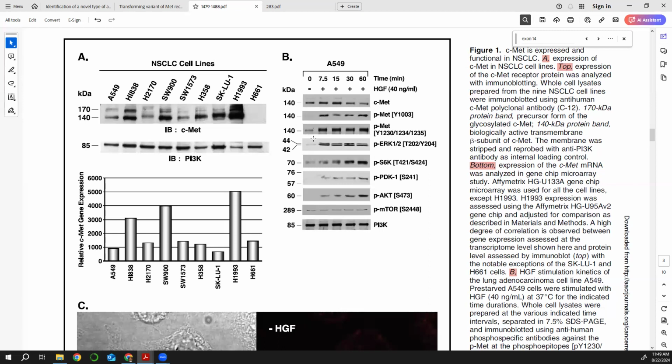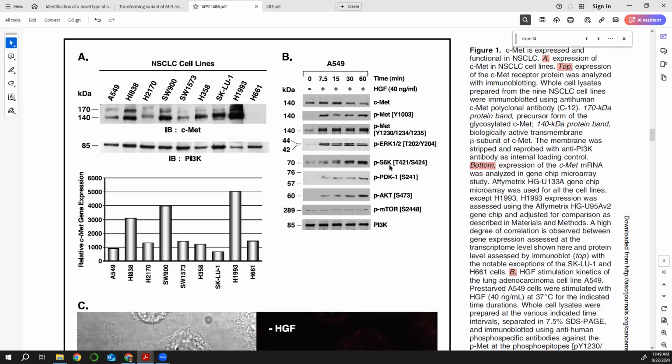What we notice with phospho-ERK, which is the MAP kinase, and we have two isoforms, ERK1 and ERK2, is that they are also rapidly phosphorylated. S6K is downstream of the mTOR signaling pathway. So phospho-ERK is downstream of the MAP kinase signaling pathway.